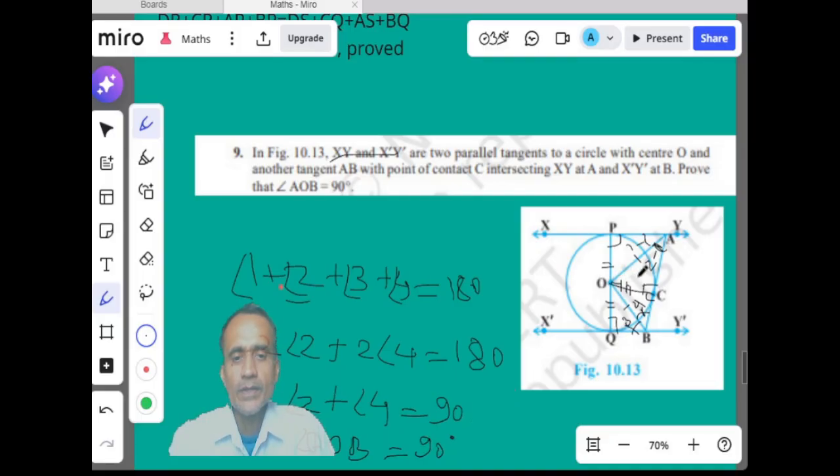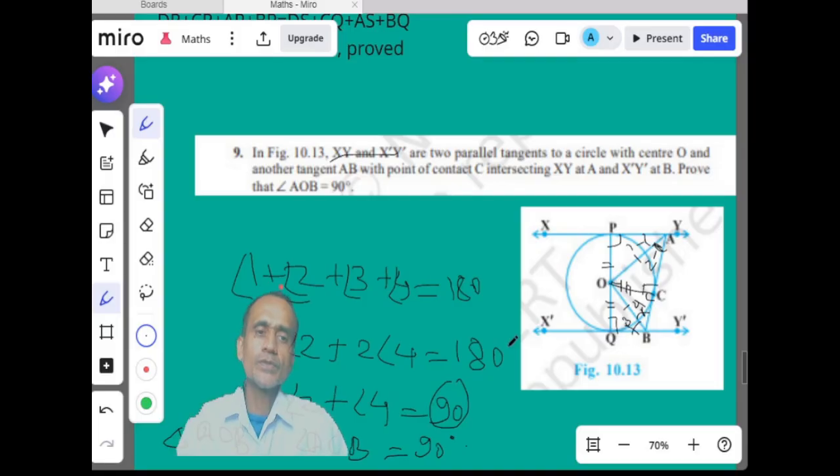In the triangle AOB, angle 2 plus angle 4 plus angle AOB is equal to 180 degrees. 2 plus 4 we have already proved is 90 degrees. So angle AOB is 90 degrees. So this is how we proved it.